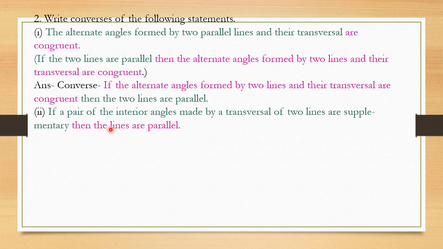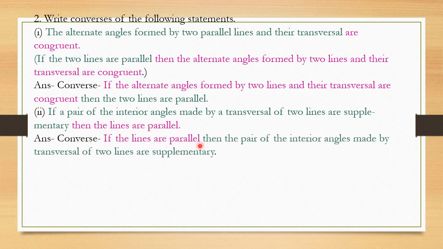So the then part I will write for if: if the lines are parallel, then the pair of interior angles made by the transversal of two lines are supplementary. That part I have written for then. So we interchange both the positions and we get the converse.